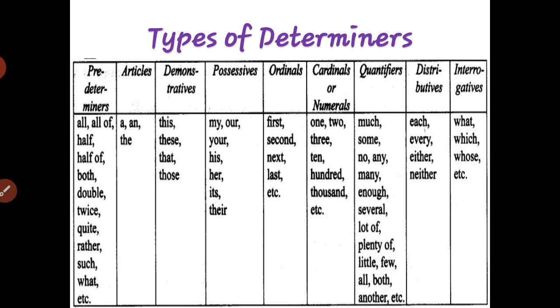When you understand all 9 types, you can easily use these determiners in your sentences, or easily identify the determiners in a sentence, and identify which type of determiner is used in that sentence. So in our next class we will discuss all these types of determiners in detail.